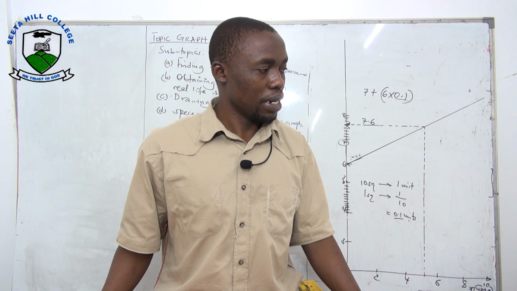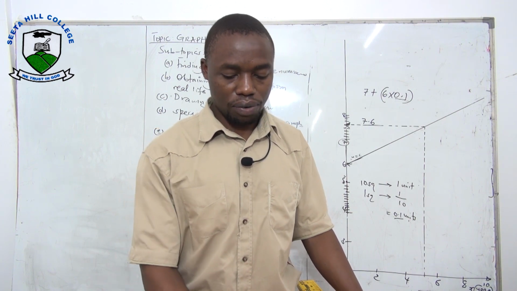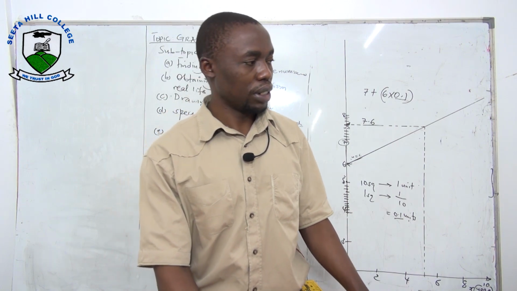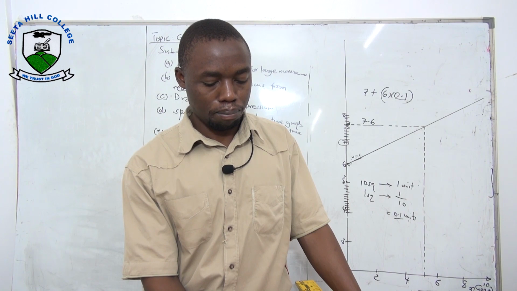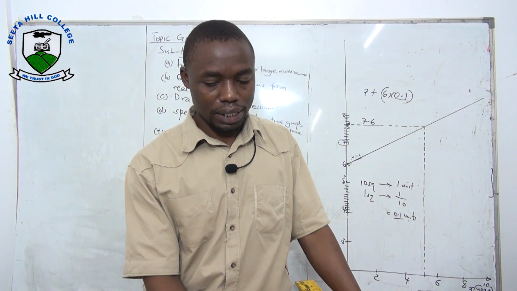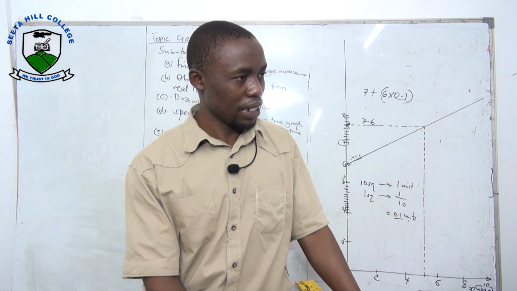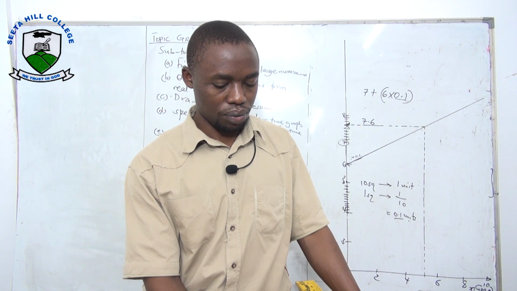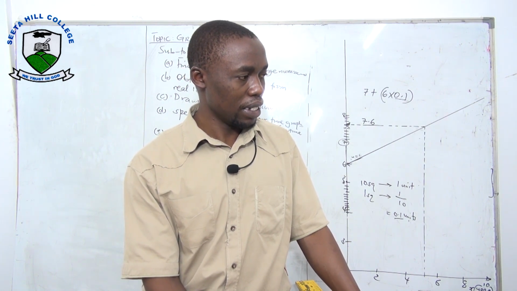Write down an expression for the cost C in shillings, in terms of distance D in kilometers.